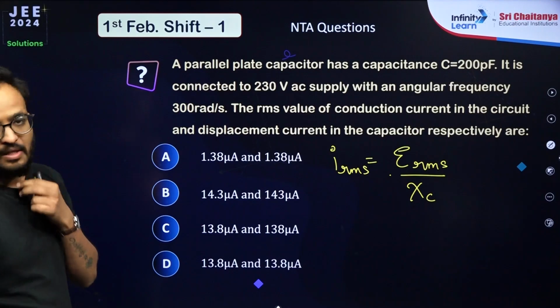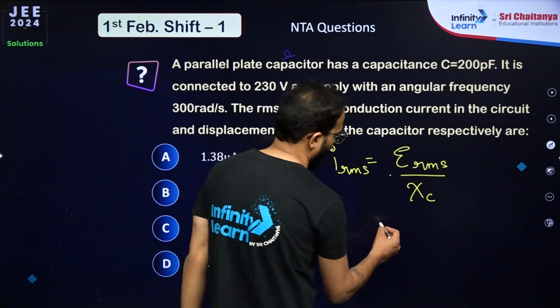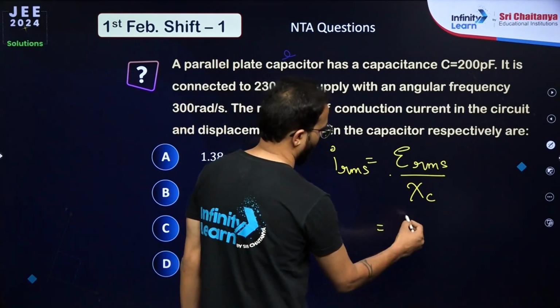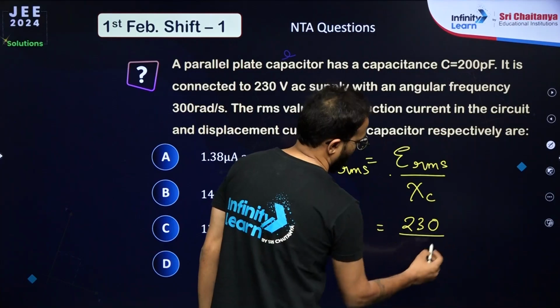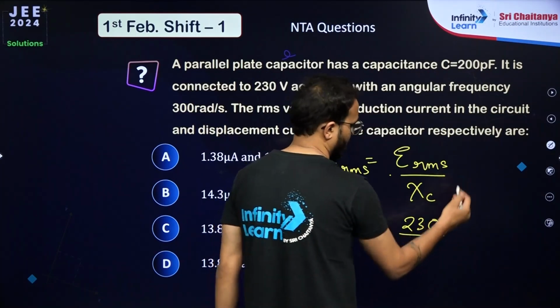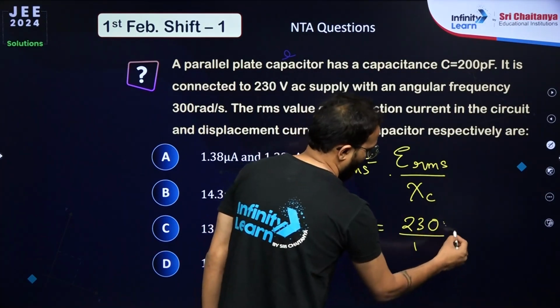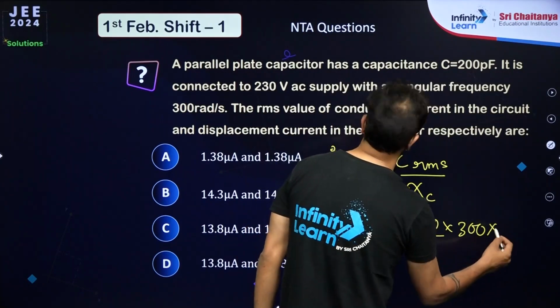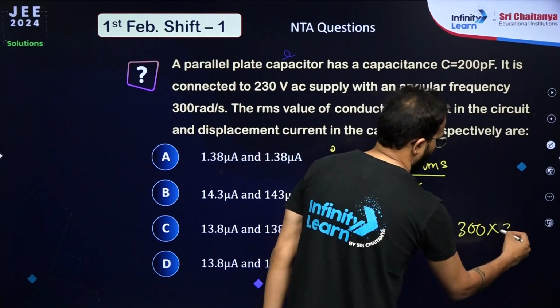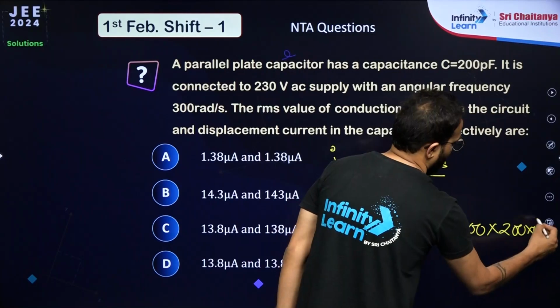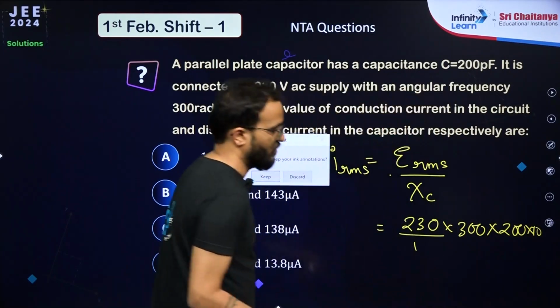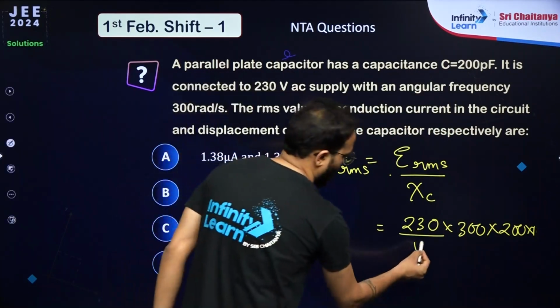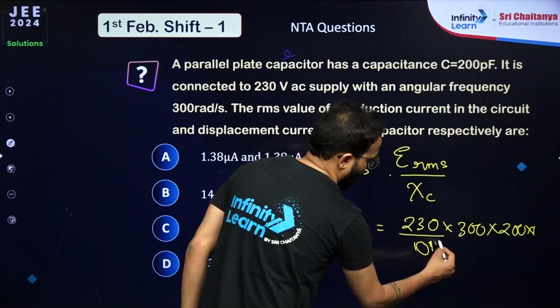So IRMS is given how much? 230. It is 1 by omega C, right? So 1 upon omega C. Omega is how much? 300. C is how much? 200 picofarad, right? 10 to the power minus 12.